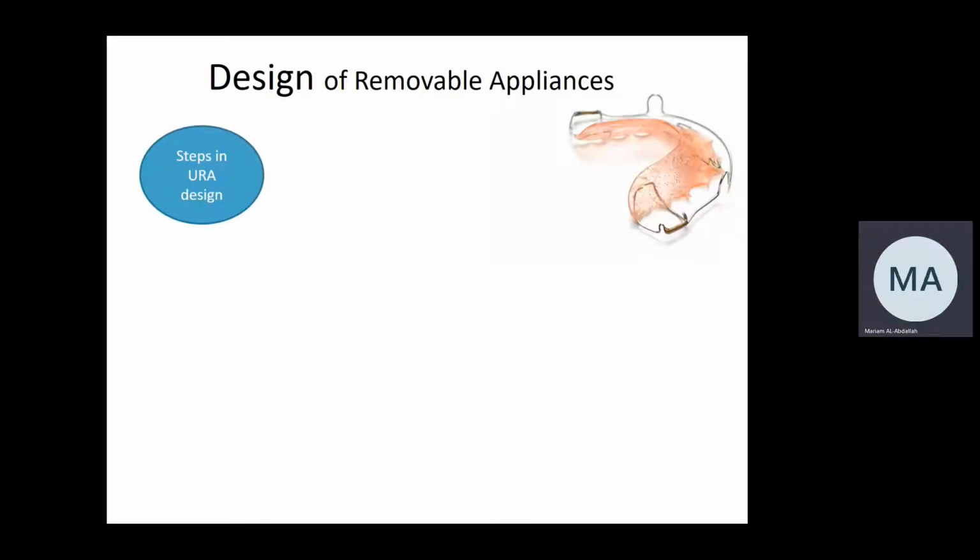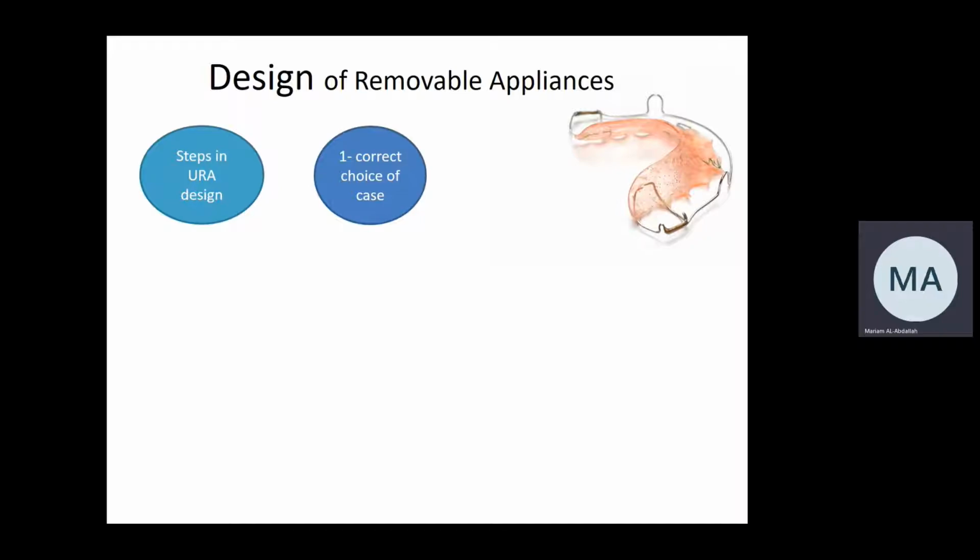So when I want to design a removable appliance, I have to go through a specific thinking process. The first thing is, is this a case that can be corrected with simple tipping movement? I need to know the limitations of my appliance.